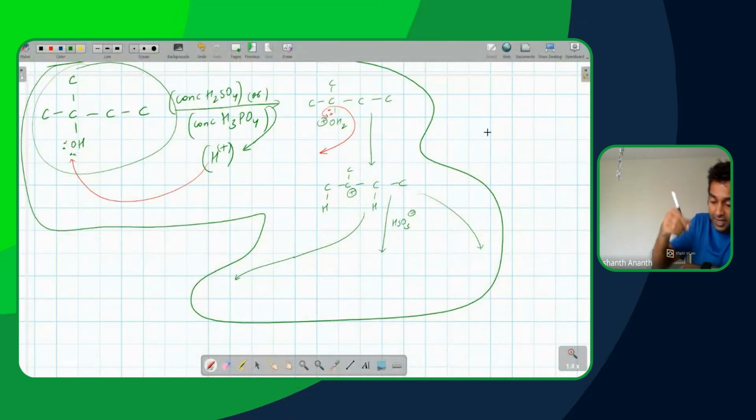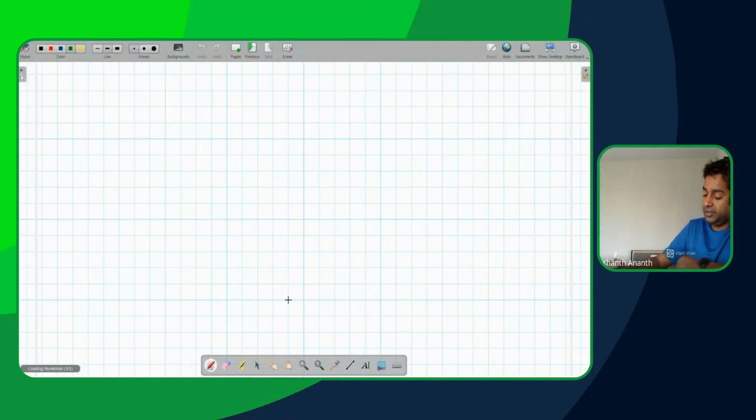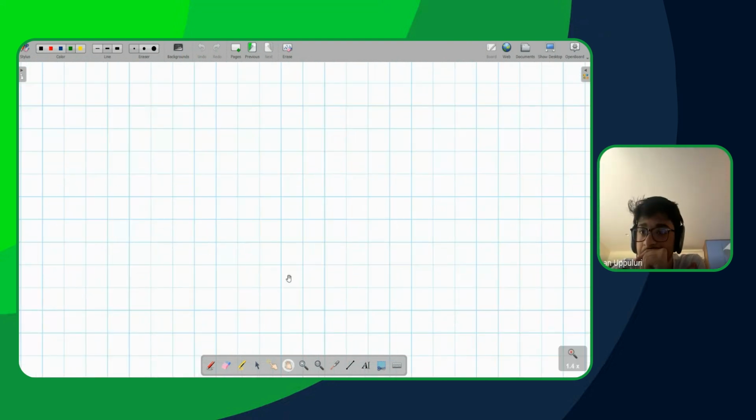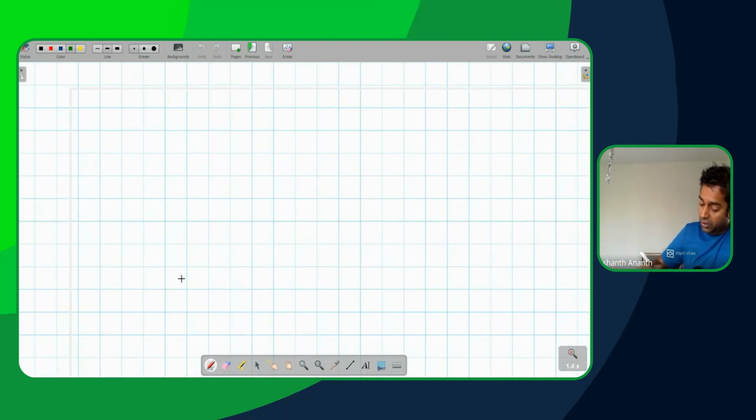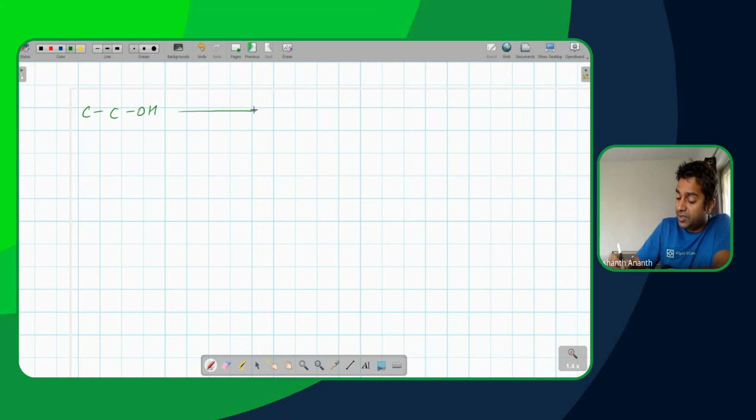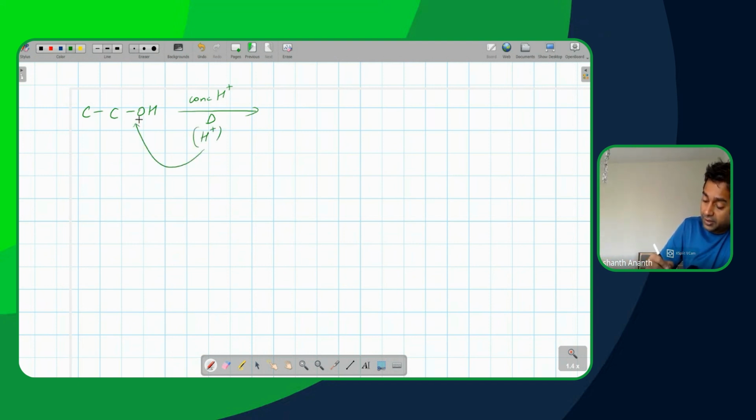So let's take the same thing with a slightly different example. I'm going to be considering ethanol now. If the same thing happens here, first we'll end up having H plus produced, which will go attack this guy.